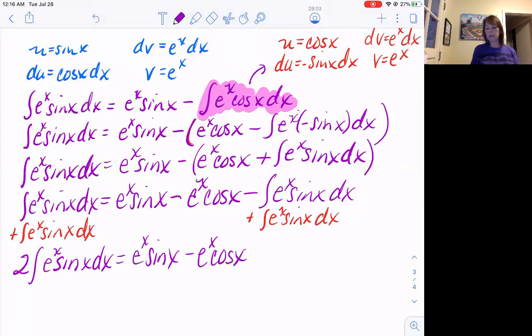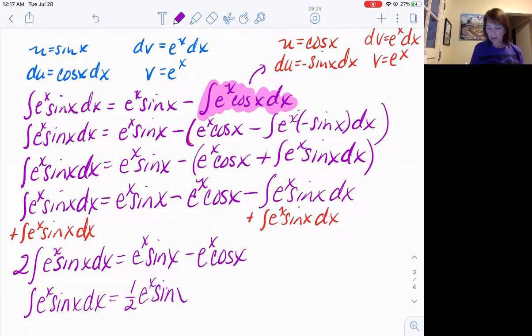Okay, now you're thinking, all right, I just divide by 2, right? So we'll divide by 2 and we get the integral of e to the x sine x dx is equal to 1/2 e to the x, so we write e to the x over 2, times sine x minus, and each term gets divided by 2, e to the x cosine x.